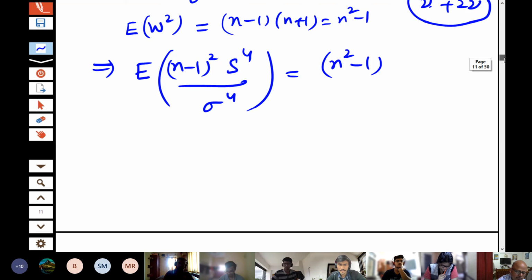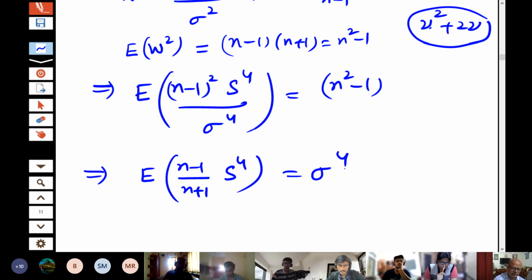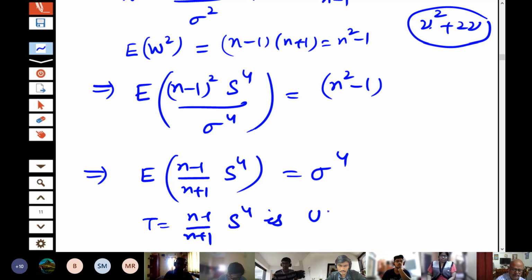So this gives you expectation of n minus 1 by n plus 1 s to the power 4 equal to sigma to the power 4. So because of the complete sufficiency is already there, n minus 1 by n plus 1 s to the power 4 is the UMVUE of sigma to the power 4.